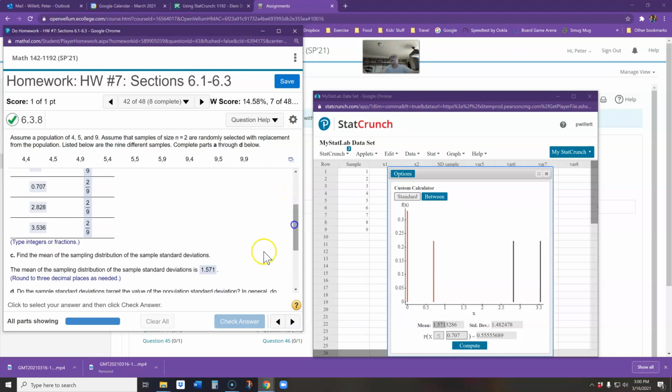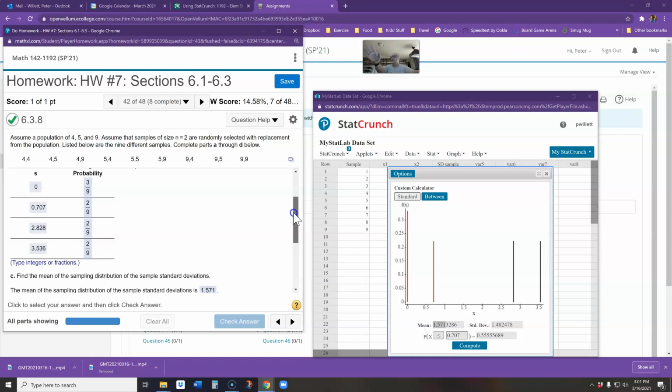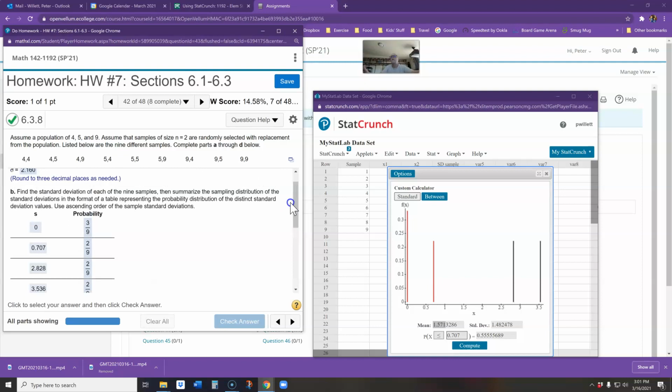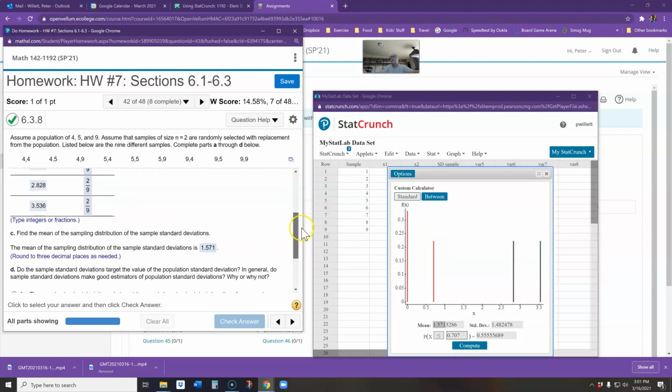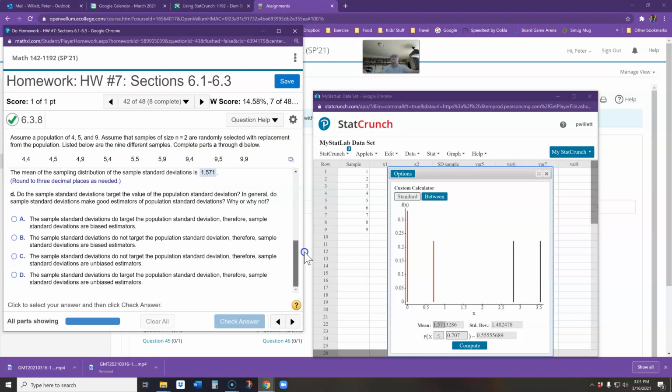That's a pretty large error. That's like 40% error or something like that. It's quite large. So the idea is that using the sample standard deviation is not a good predictor of the population's standard deviation, because the mean value of all the ways you could get samples is pretty different than the actual value itself of the population. And that means it's a biased or not a good estimator, using this section's language.